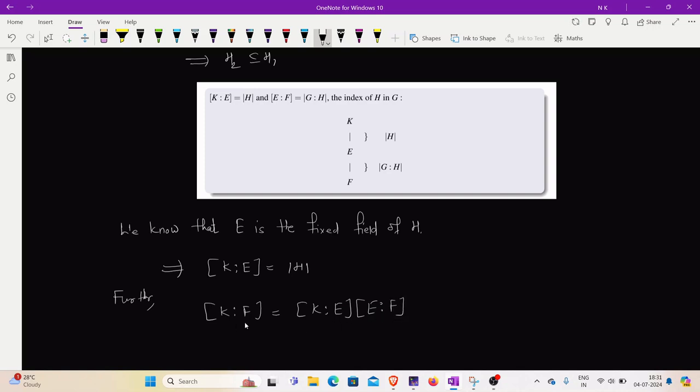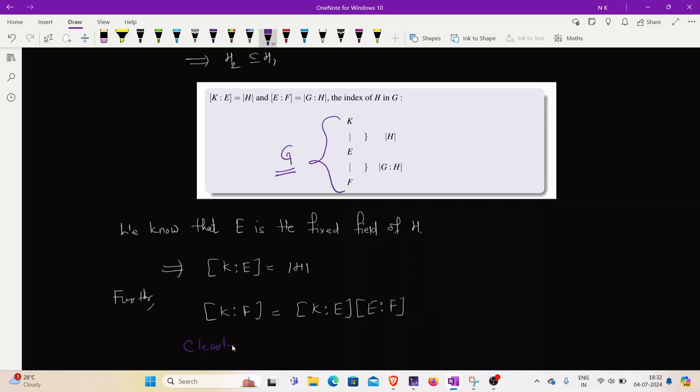But the degree of extension of K over E is nothing but the cardinality of H, and the degree of extension of K over F is the cardinality of G, because F is the fixed field of G. Try to understand that the Galois group of K over F is G. It is the Galois group of this Galois extension, right? So that's why F is going to be the fixed field of G. So the degree of extension of K over F is going to be equal to the cardinality of G.